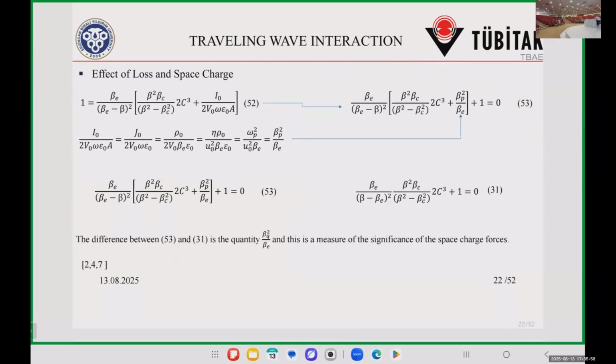We can see the difference between equation 53 and equation 31. The difference is here, beta q square divided by beta e. This is a measure of the significance of the space charge force.